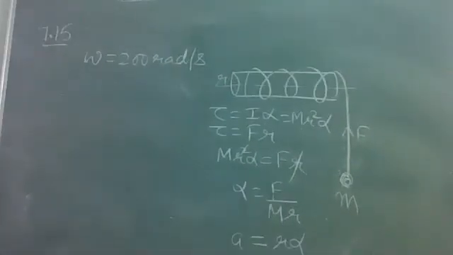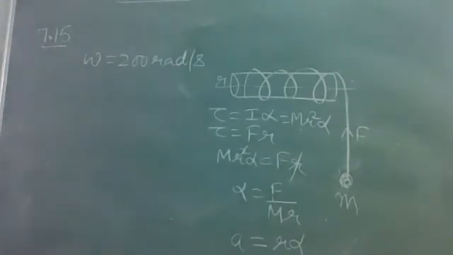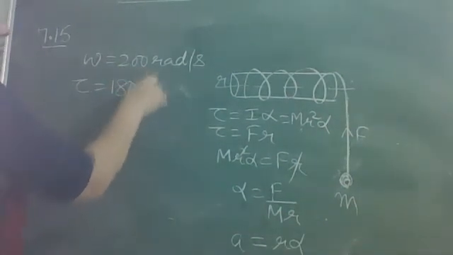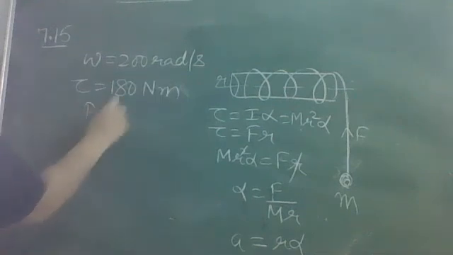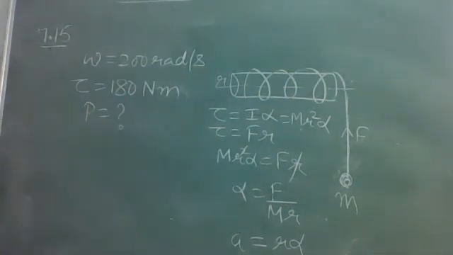Torque कितनी दी हुई है? 180 Newton meter. What is the power required by the engine? Torque is 180 Newton meter. How much power is required? Assume the efficiency to be 100%.